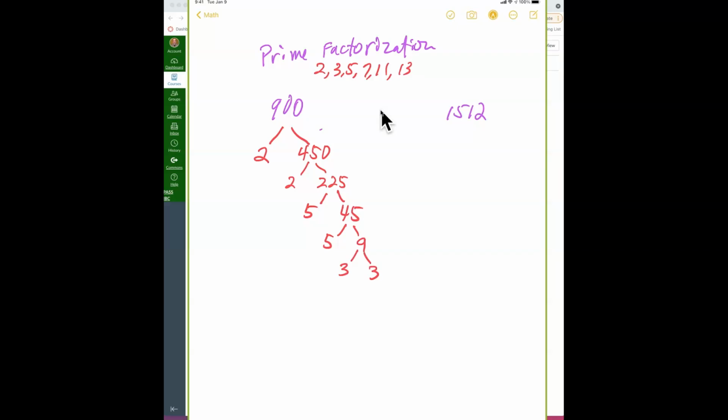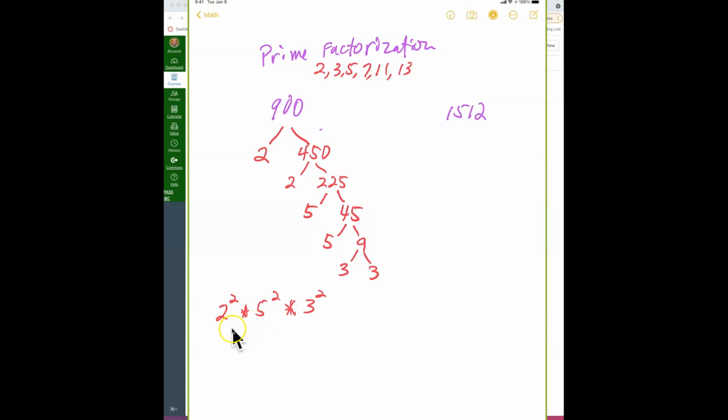So our prime factorization of 900 is 2 to the second power times 5 to the second power times 3 to the second power. And this, I've said before, is like a zip code. It only points to 900, and 900 always factors down to this exact prime factorization.